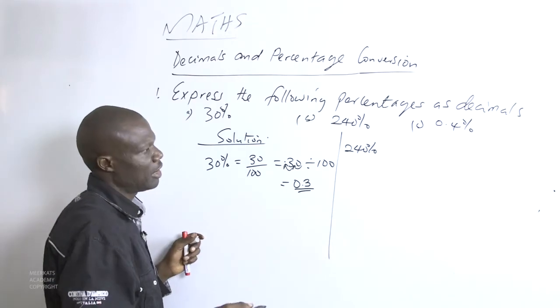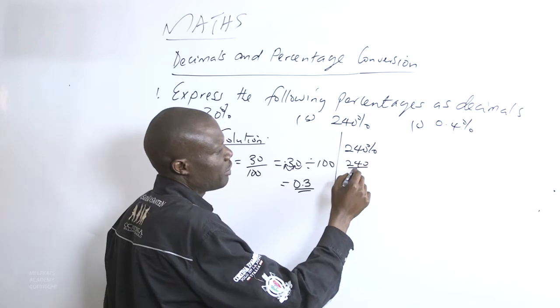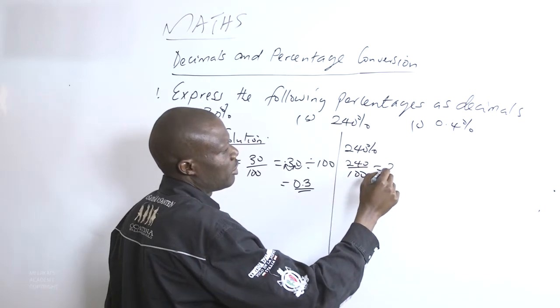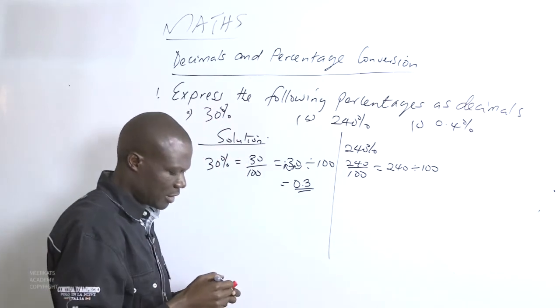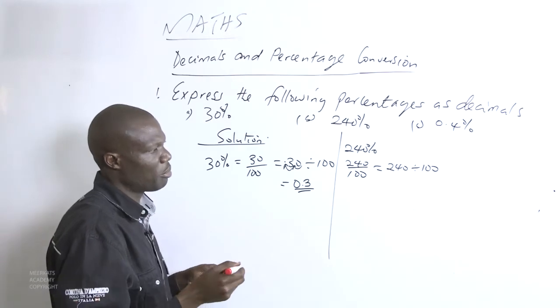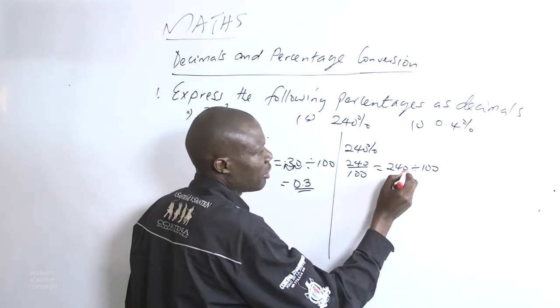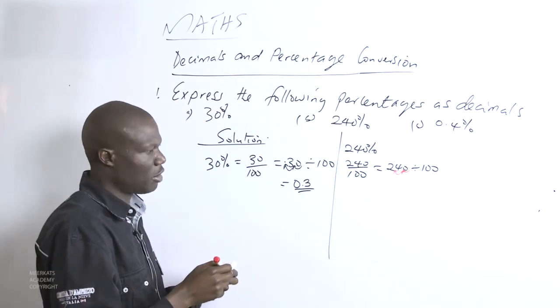Coming to 240%. As seen earlier on, it is equivalent to 240 divided by 100. Let us see the number of decimal spaces we are going to move from a whole. This is the first one, this is the second one. So we shall stop at 2.4.